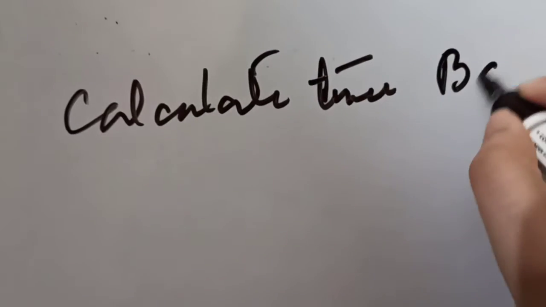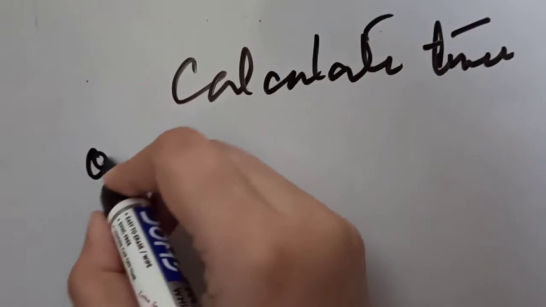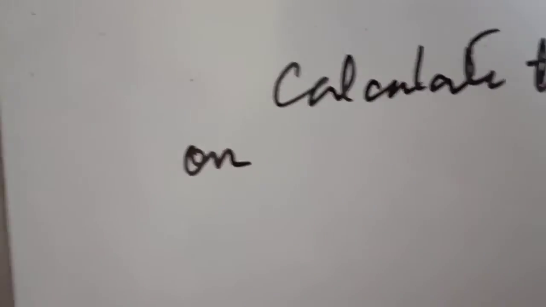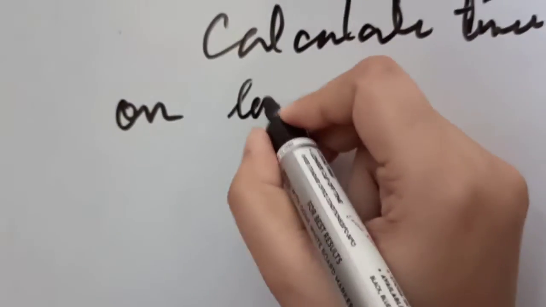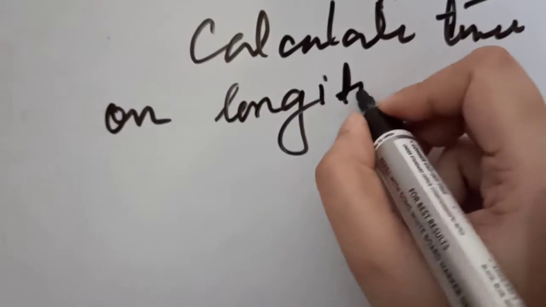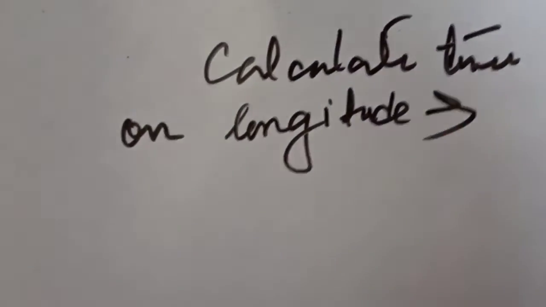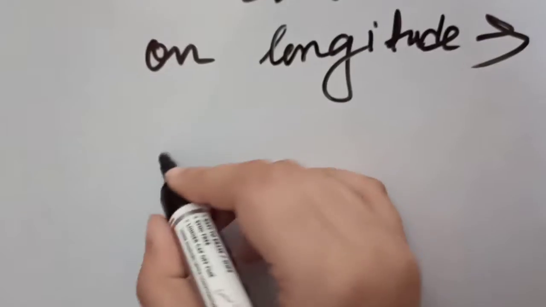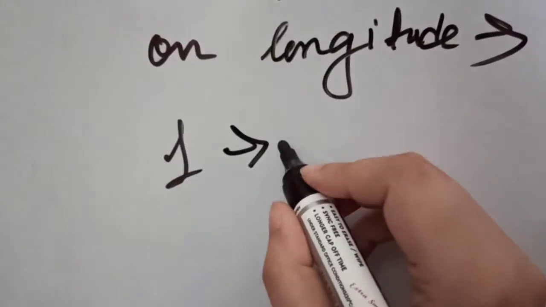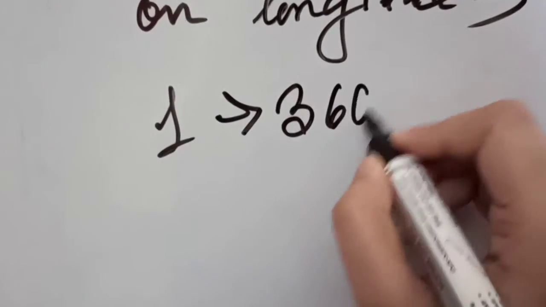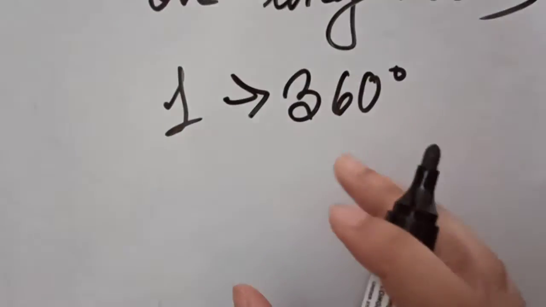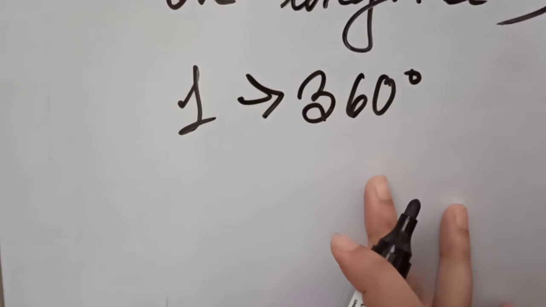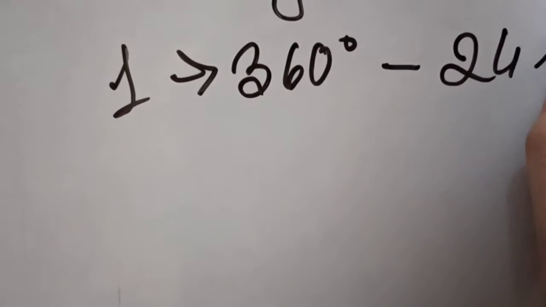So how can we calculate the time based on longitude? It is this, that the earth actually covers 360 degree in one day, which has 24 hours.